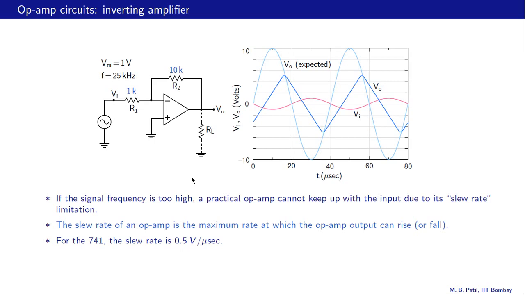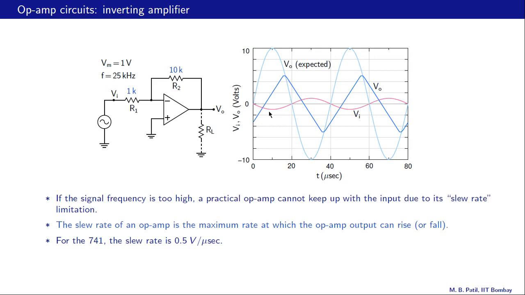Here is an example. It is the same circuit that we saw earlier. R2 is 10K, R1 is 1K, so the gain is minus 10K by 1K or minus 10. Vm is 1 volt and the frequency now is higher, it's 25 kilohertz. 25 kilohertz corresponds to a period of 40 microseconds, so that is one period.